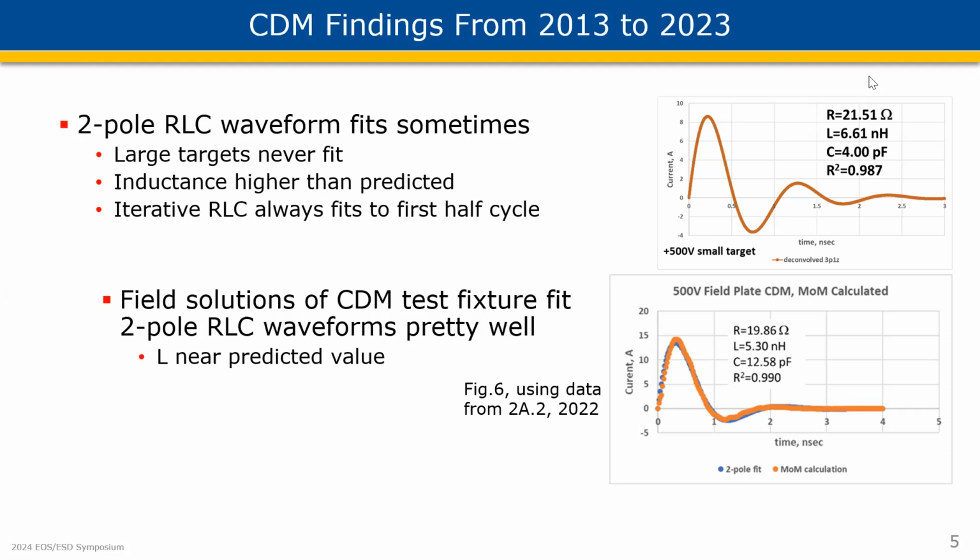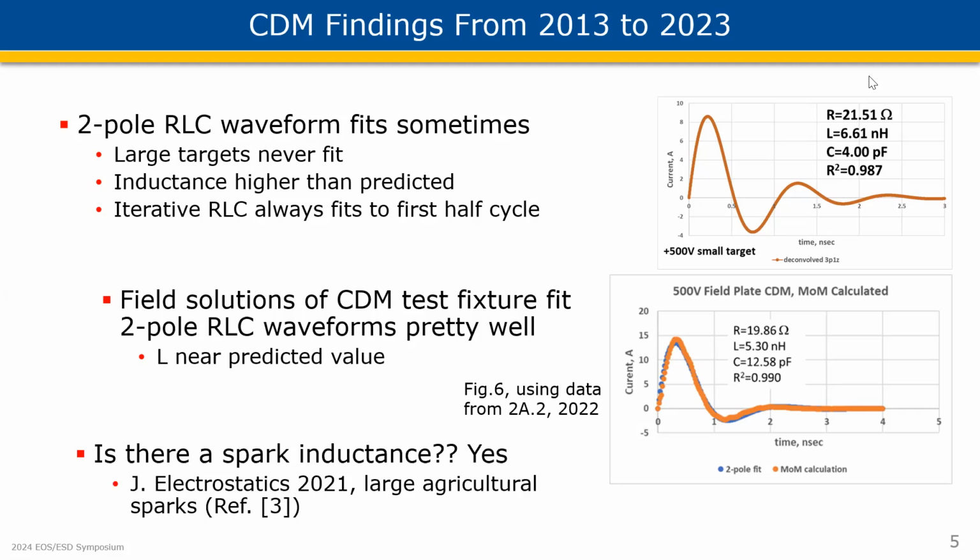So as far as this higher inductance, we got more comfortable about presuming that there is a spark inductance built in from this 2021 paper from China, looking at sparks 10 times bigger than our sparks, grain elevator type agricultural sparks. But that gave us a comfort level with having spark inductance be part of the model for the spark itself.